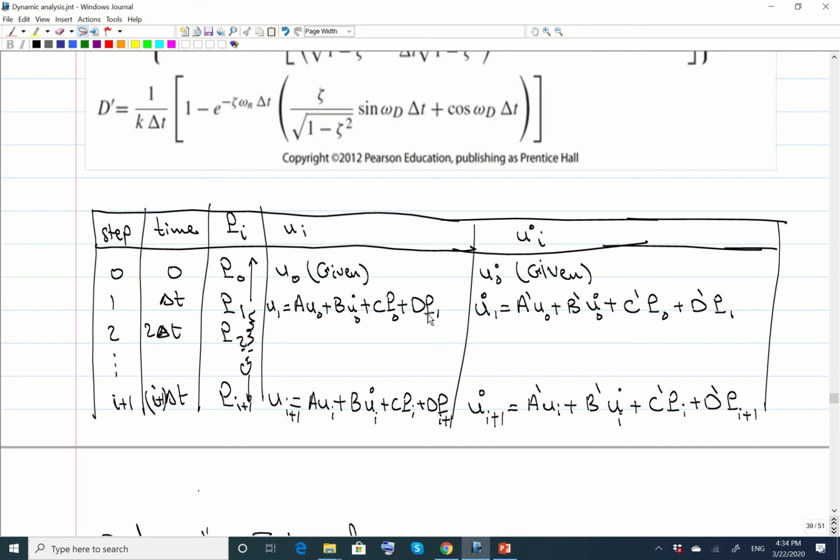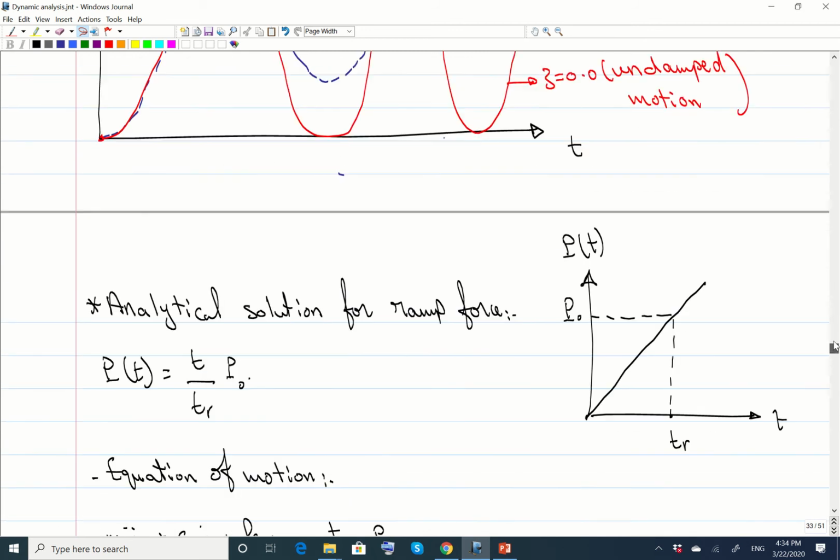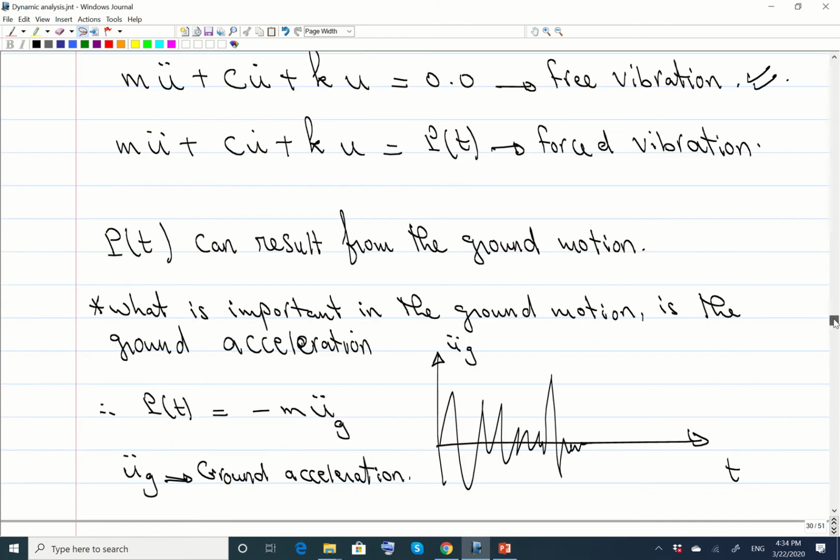If you know the ground acceleration, how much is the force? Simply, you multiply this ground acceleration by negative m U double dot G. Why is this? Because this is the force, as you remember, what we mentioned over here. If you have a ground acceleration, the force is negative m U double dot G. So you're going to go online, and I'm giving you a link that will have the data points, the sampling points for the ground acceleration of that El Centro earthquake.